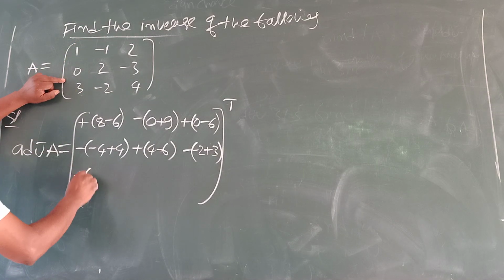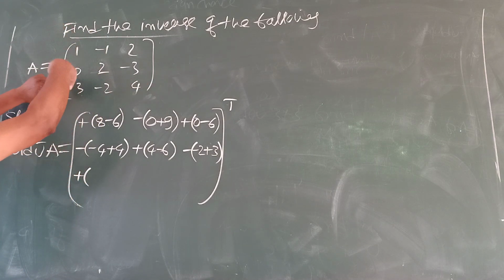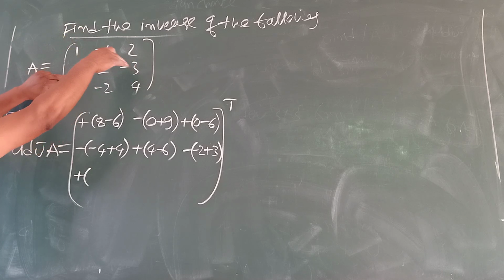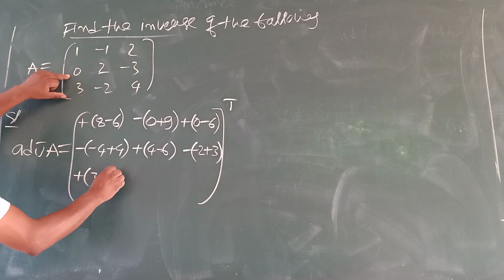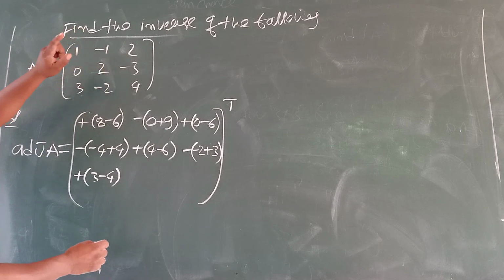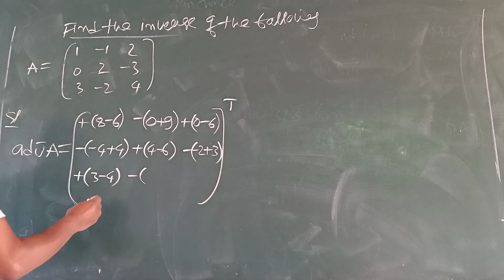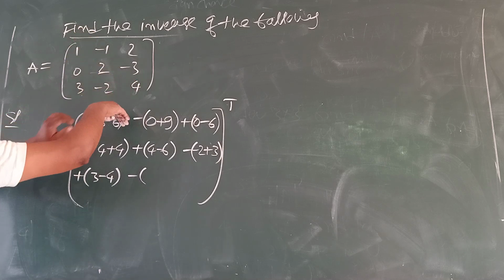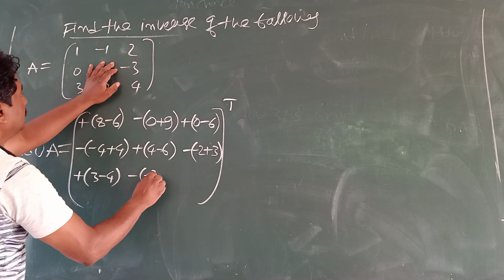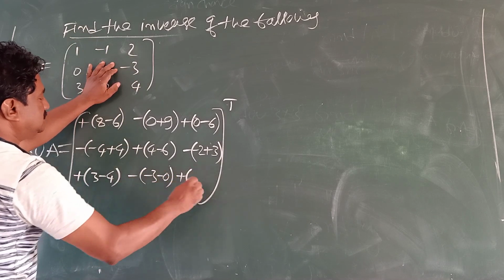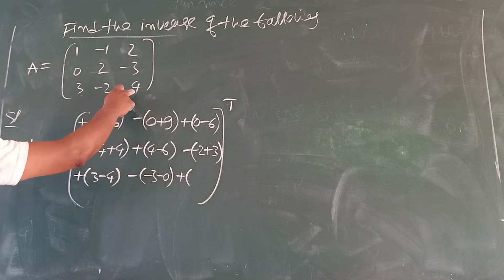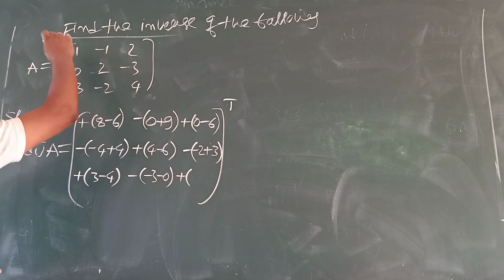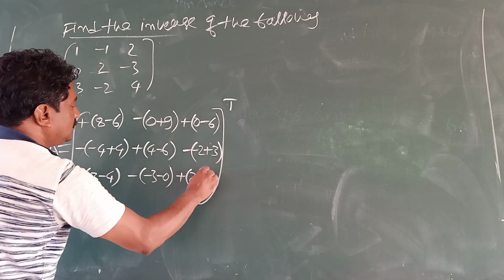Next plus. Come to this one. Row column, minus into minus plus 3 minus 4 plus 3 minus 4. Next minus column row. So minus 3 minus 0 plus. Come to this last element. Column row 2 minus 0.